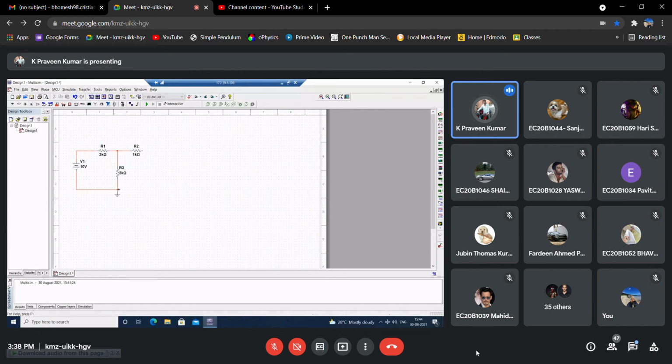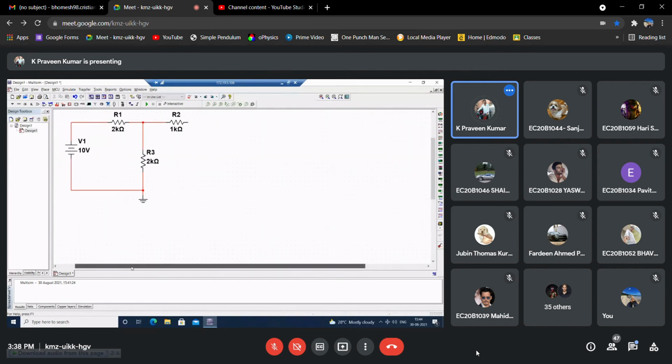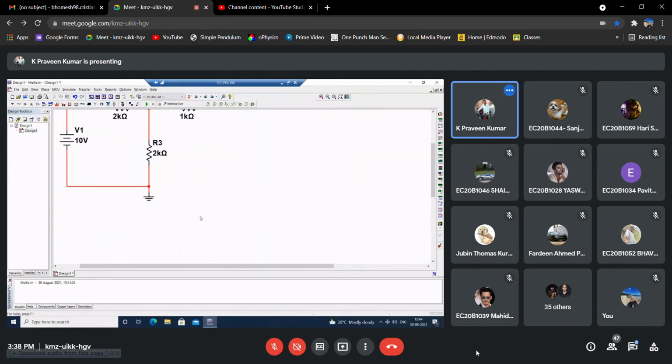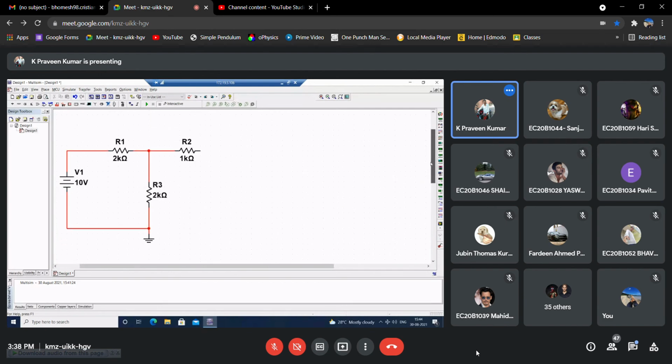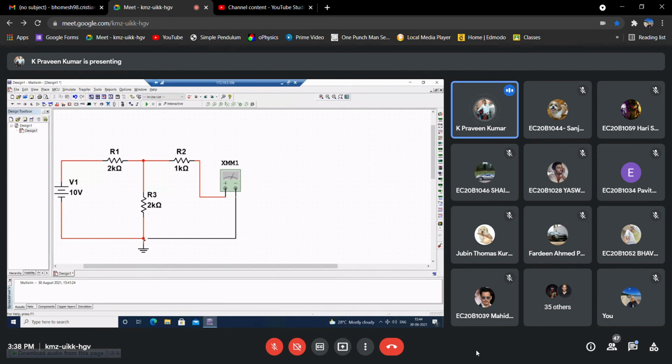First, what will we calculate? We will calculate the open circuit voltage. For that, instead of measuring with the voltage probe, I will take a multimeter and just connect it.